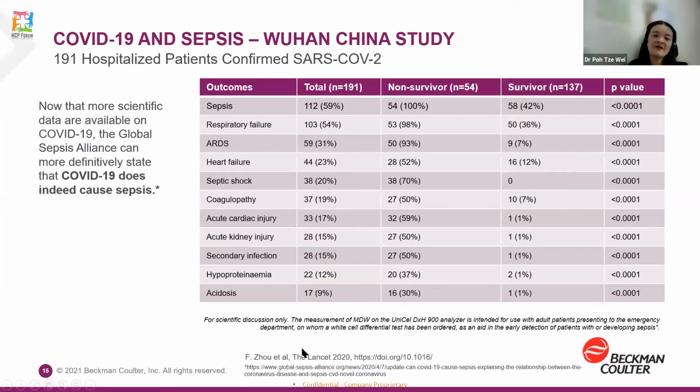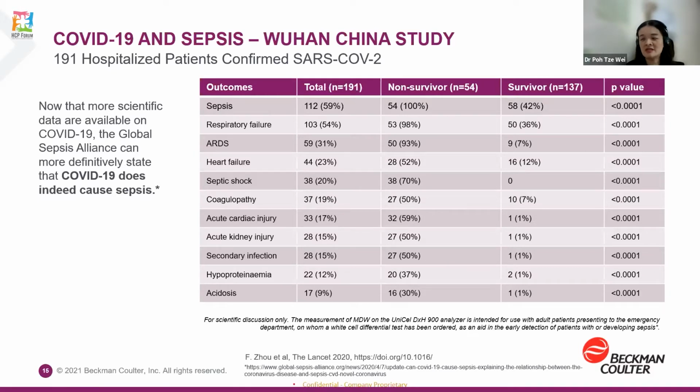So finally, in light of the current pandemic, we can't get away from the COVID discussion, right? It's really important to remember that sepsis is a common cause of death in COVID-19 patients. The uniqueness of MDW is that it's not specific to just bacterial, viral, or fungal infection alone.